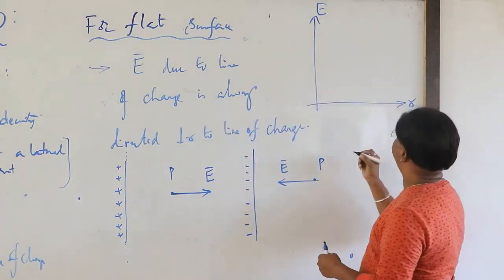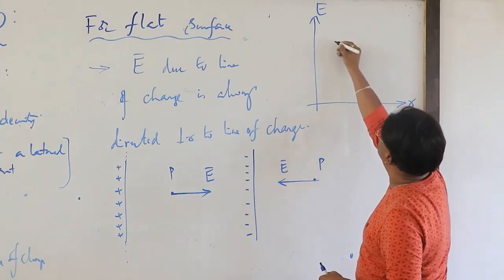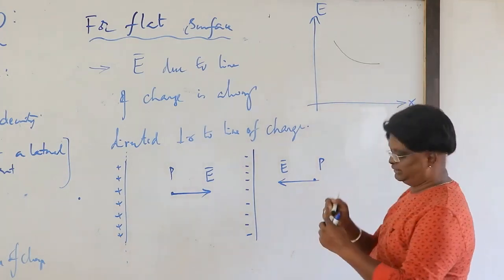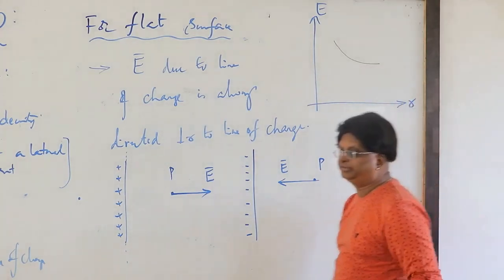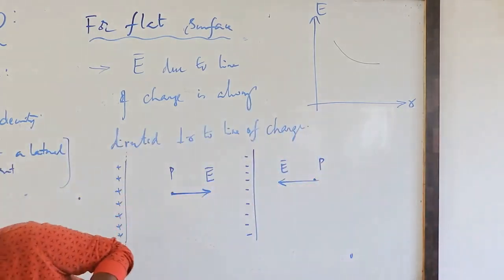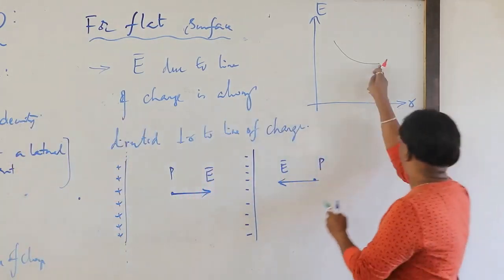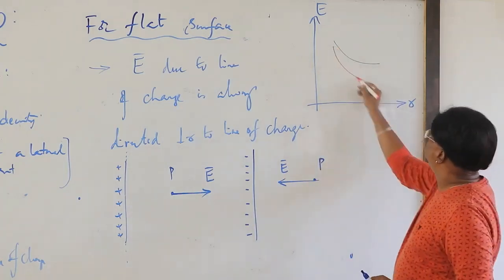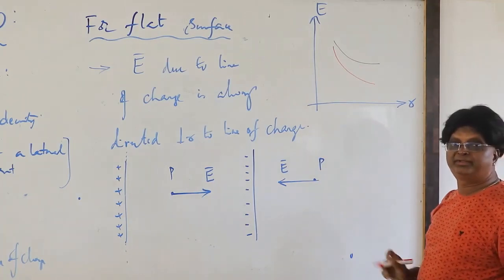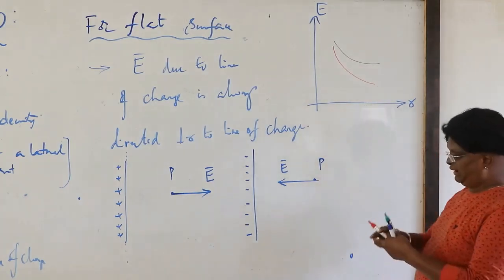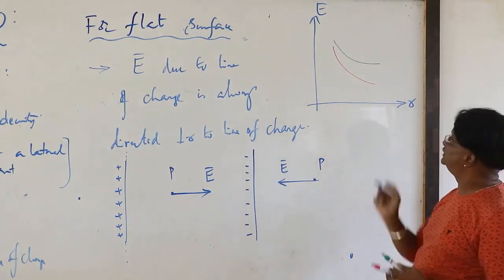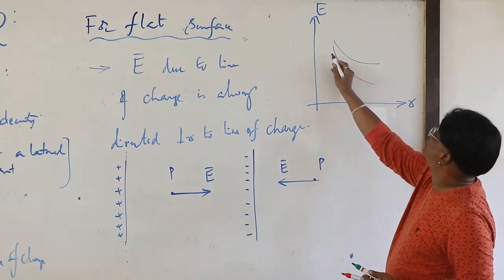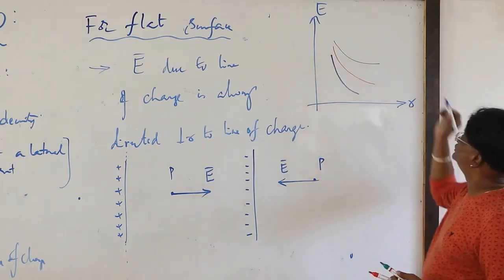The first one I show with, supposing, black color, it's a curve. Hope it is legible for you. This is the black one. And supposing there is one more which I have represented with red color, and one more I will represent with blue color. Suppose these are the curves.